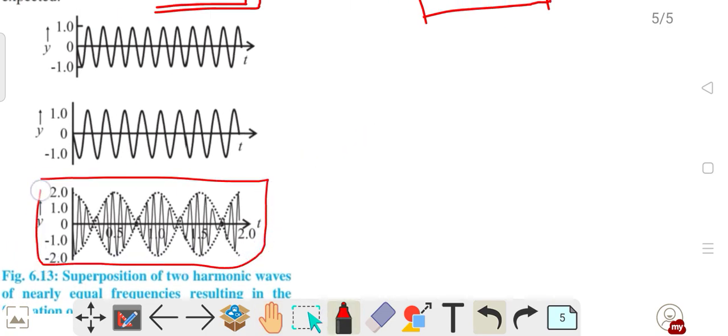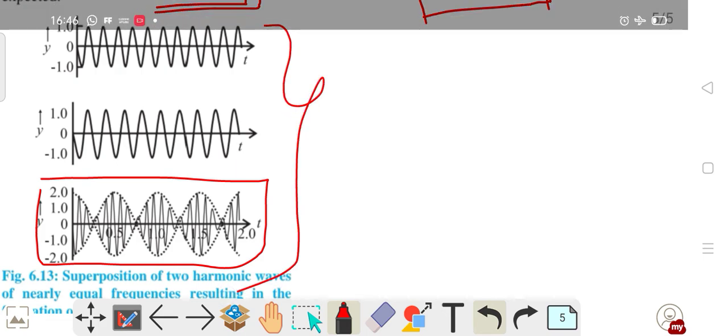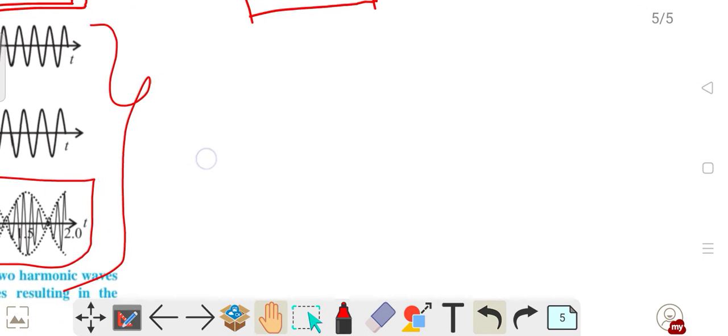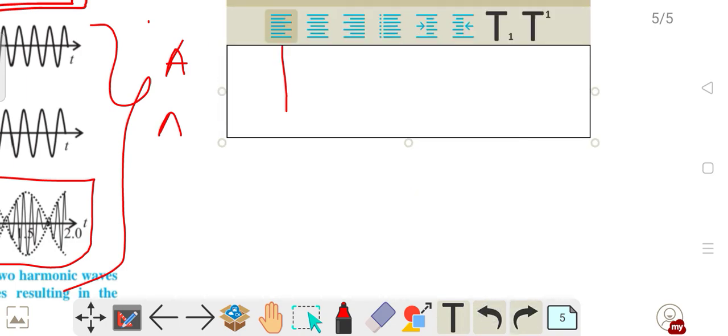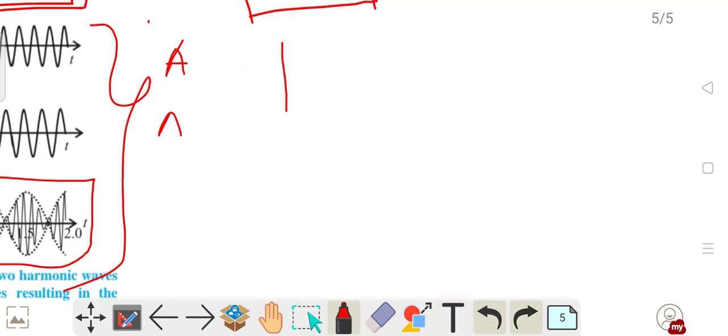beat. Let us try to understand what is happening. You don't need to see this figure first, try to understand what I am trying to say. I have said that amplitudes are the same, and the frequency may differ by a very small amount. Say the frequency for the first wave is 4 and for the second say 5.